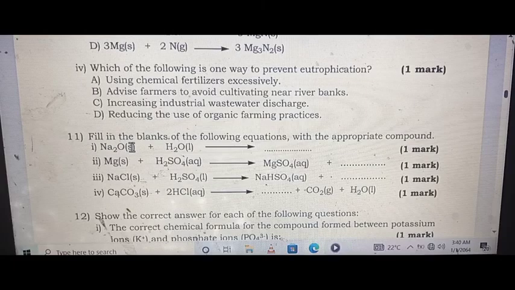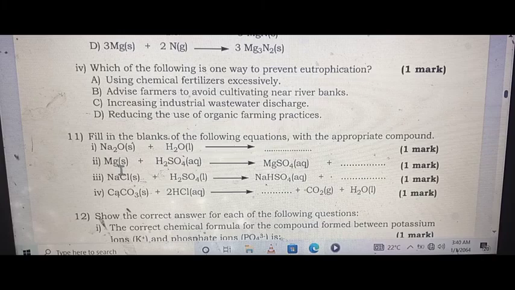Question 11. Fill the blanks of the following equations with the appropriate compound. Sodium oxide reacts with water to form... The correct answer is sodium hydroxide.